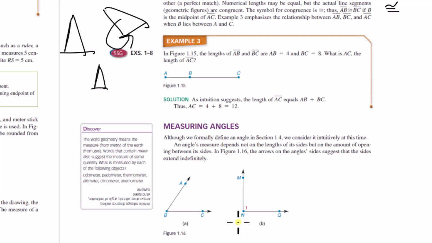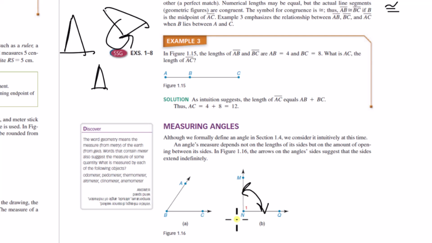Okay, here's another angle. You've got these two straight sides, a vertex, and then there's a separation between the straight sides where you can think about one or both of the sides rotating about the vertex point to create that separation. And the amount of separation here is the measure of the angle.